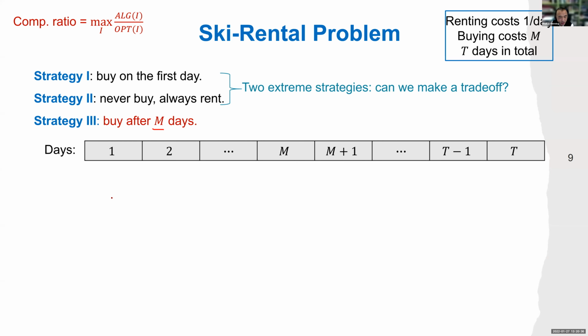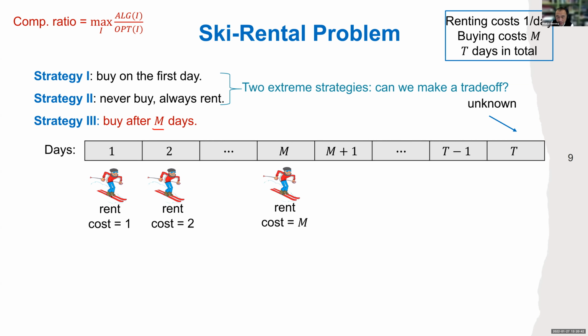The strategy says, on day 1, I rent. Day 2, I also rent. Up to day M, I still rent. So up to now, I spent cost M. Then on day M plus 1, if I find that the season is still there, then I buy. Up to now, my total cost is 2M.